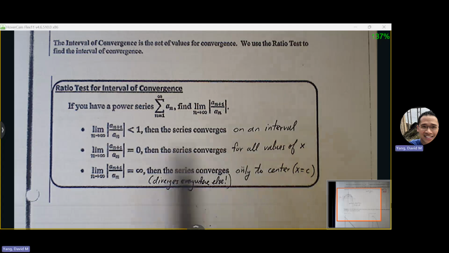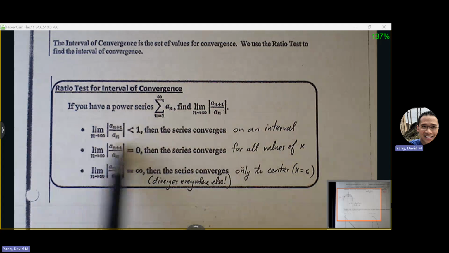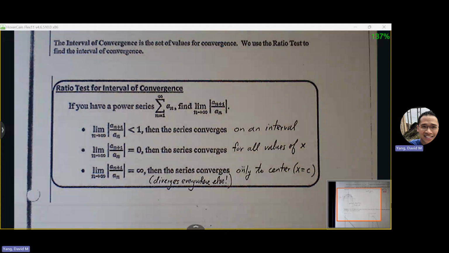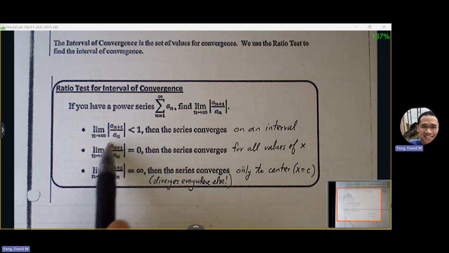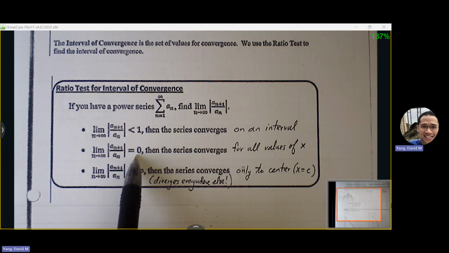And this is what we saw on the test, where we had to test the endpoints and see, are the endpoints going to be part of my interval? If my limit is equal to 0, then the series will converge for all values of x. We talked about how before, with a normal ratio test, if we get 0 the test is inconclusive.